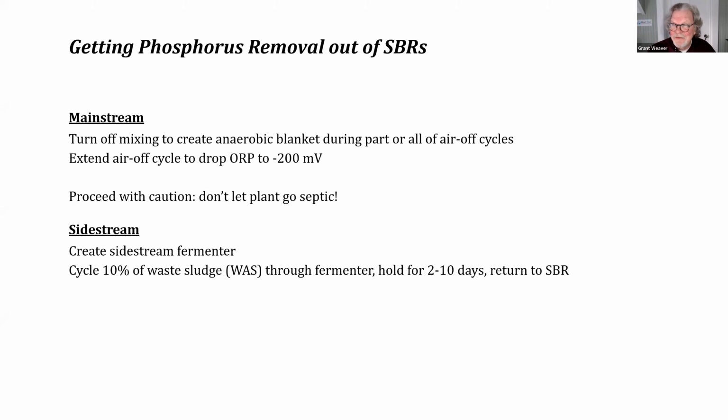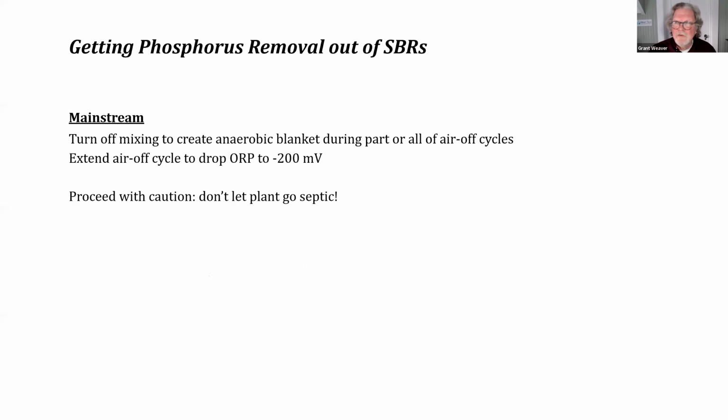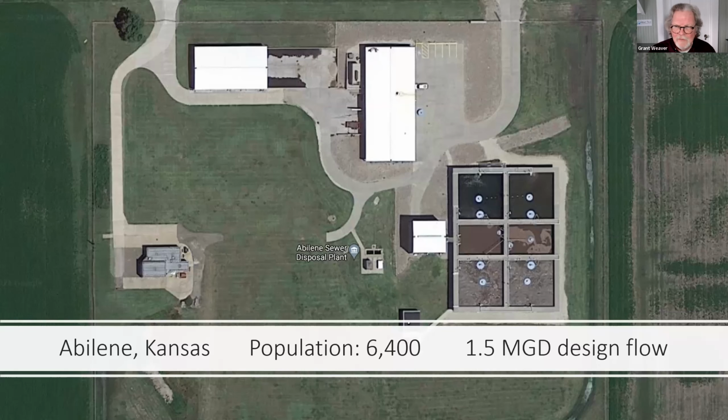Other technologies I've been working with longer, and in the next session we'll have an example of a more conventional activated sludge plant with a side stream fermenter that is getting in that 0.2 to 0.3 range. It wasn't designed to, but that's what they're getting. So with that, let me continue. Let's go back to this first example, Abilene, Kansas.